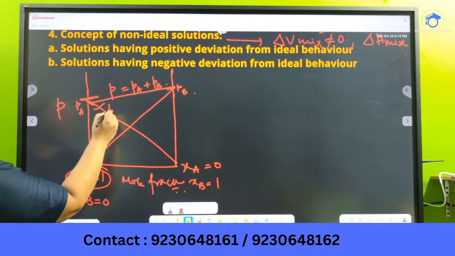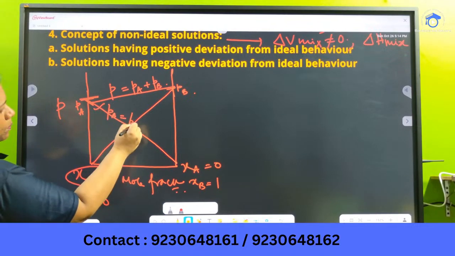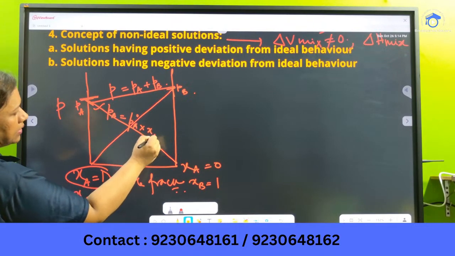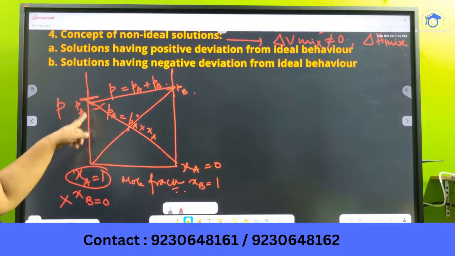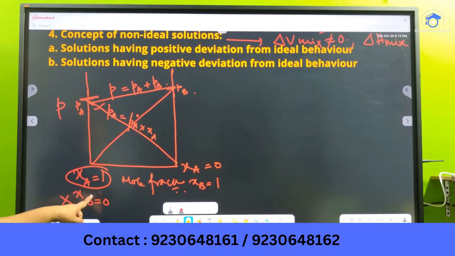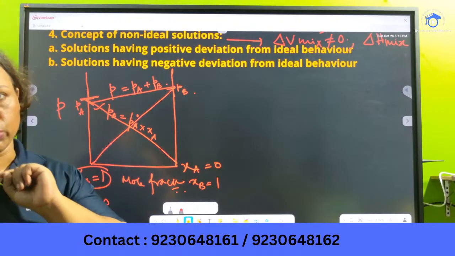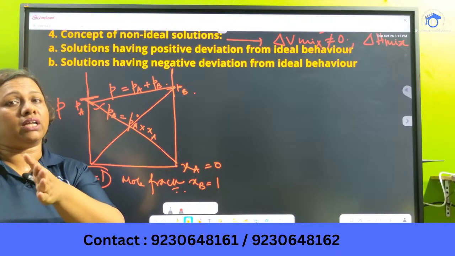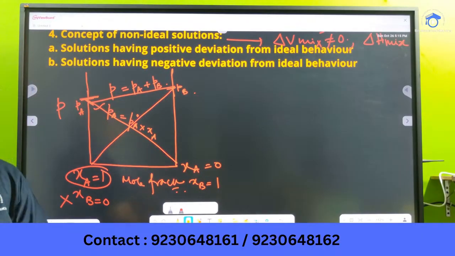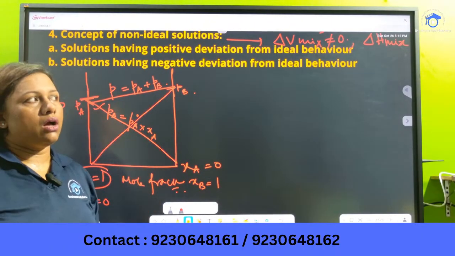Okay, so the formula is Pa is equal to Pa naught into Xa. That is for our solution or for liquid A. Now what is Pa? Pa is the vapor pressure of the pure liquid when it's as a single component. And what is Pa naught?